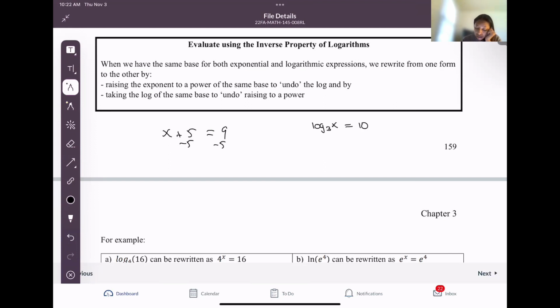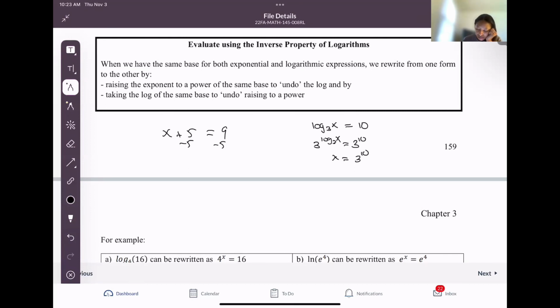What does that mean? We would do 3 to the log base 3 of x equals 3 to the 10th power. And 3 to the log base 3 of x just simplifies to x, and we get 3 to the 10th. Basically, you have the base of your exponential part and the base of the log being the same, they cancel each other out.